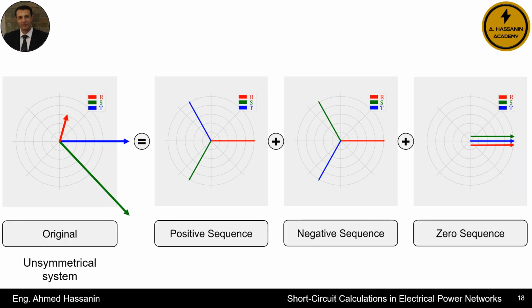As I mentioned earlier, using the symmetrical components theory, we can analyze an unbalanced electrical circuit by breaking it down into three symmetrical circuits: the positive sequence, negative sequence, and zero-sequence networks. However, the important question is, why are these circuits called the positive sequence circuit, the negative sequence circuit, and the zero-sequence circuit?